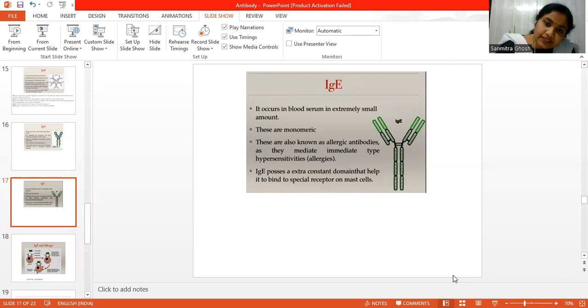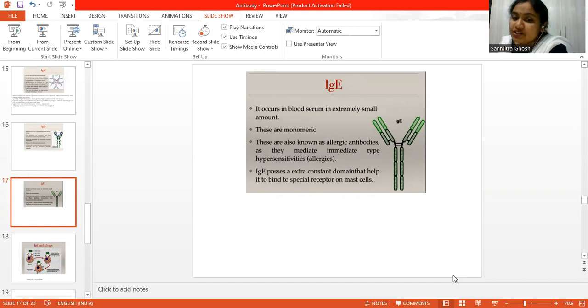They are also monomeric in nature, but since they are associated with the allergic reaction, with the hypersensitivity reaction, they are also known as the allergic antibodies, and they can mediate the immediate type of hypersensitivity, particularly type 1 hypersensitivity reaction.